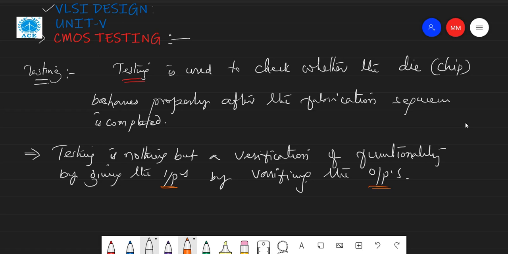That's why after design, after manufacture or fabrication, there will be testing. That testing is generally called CMOS testing. We have so many methods in this, like vector testing, stuck at 0, stuck at 1. We will see that further.